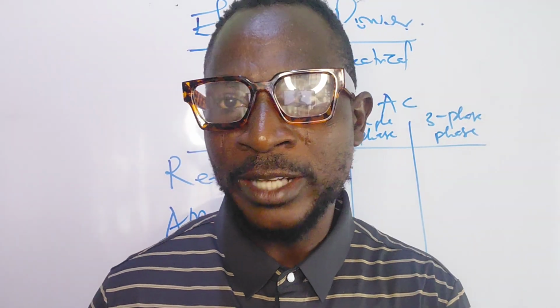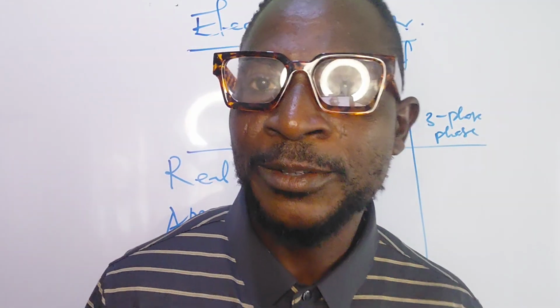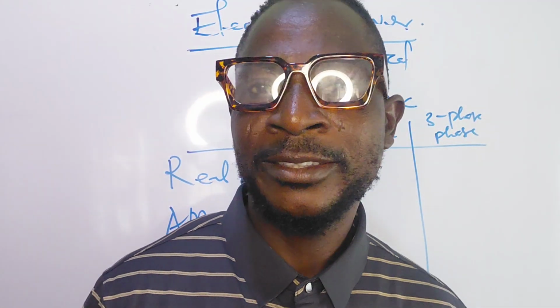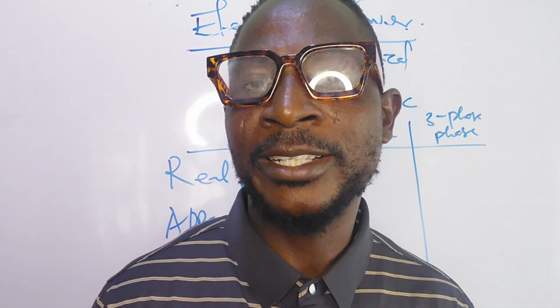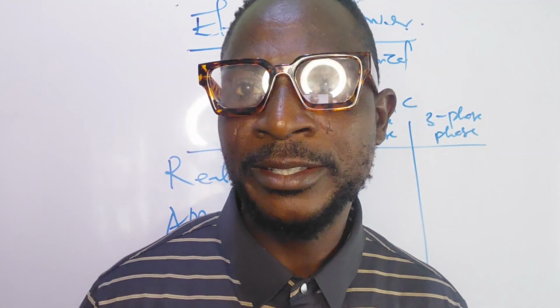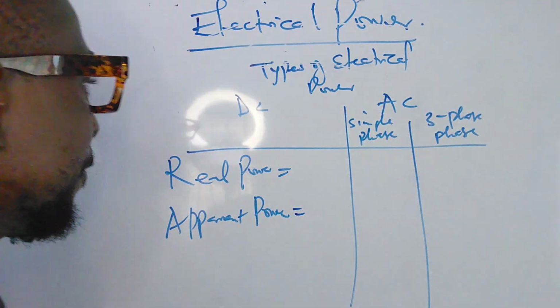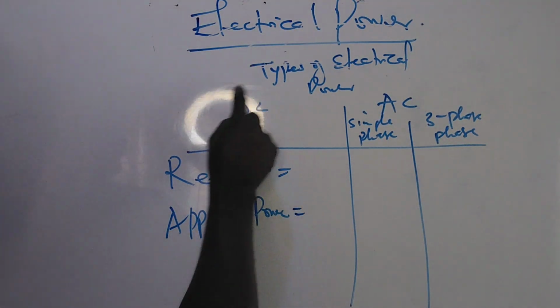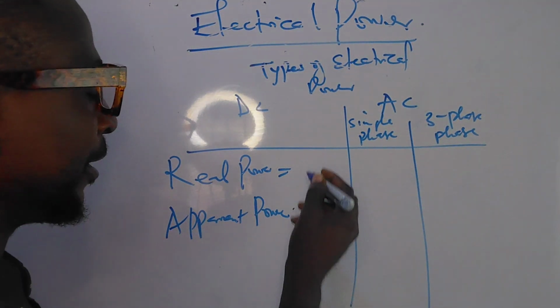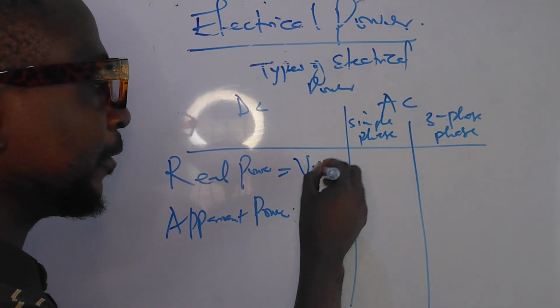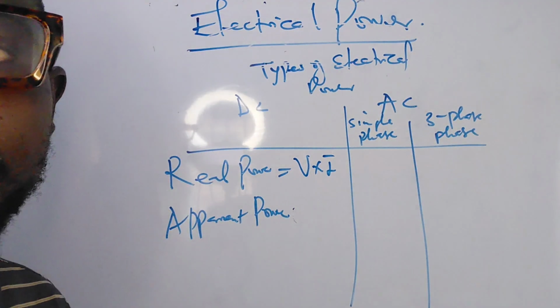You have watts: 300 watt, 500 watt, 585, 605 watt, 700 watt, and what have you. So in the concept of DC, the reactive power is equal to 0, and the real power is volt times current.